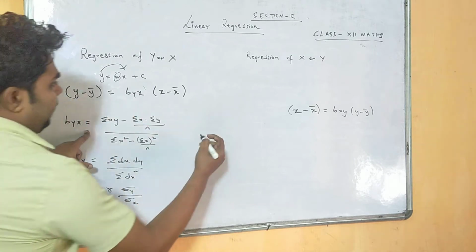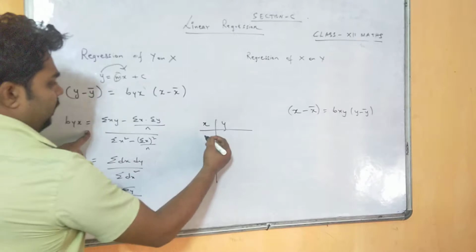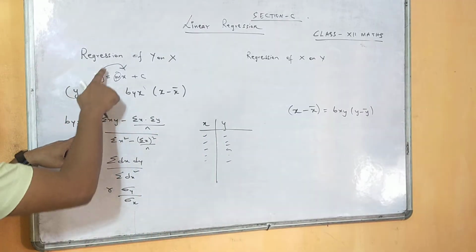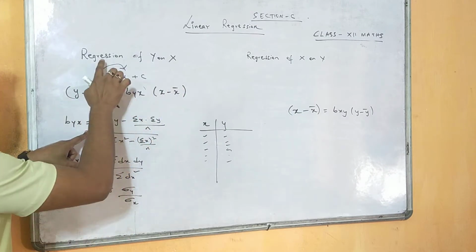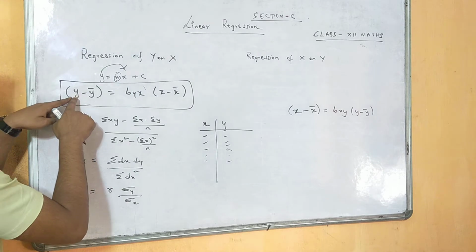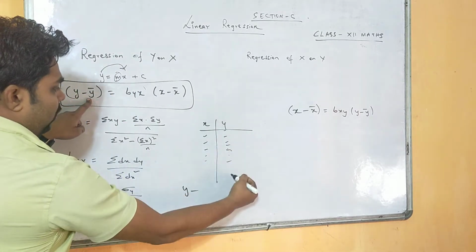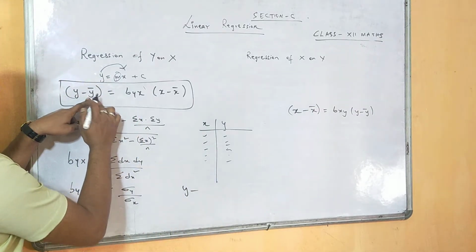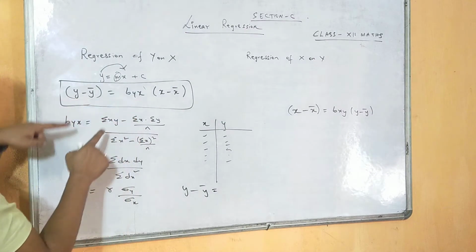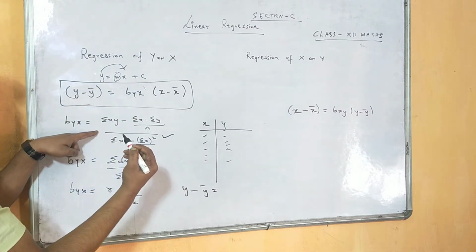Now if in any question x and y values are given, and we have to find regression of y on x, that means we have to find this, right? So y we will keep as y only, and for y bar we will add all and divide by the number of terms, then we will get the mean here. To find byx, we will use this formula. We can use this formula or this formula, any of the formulas.